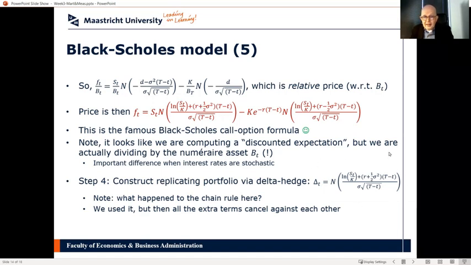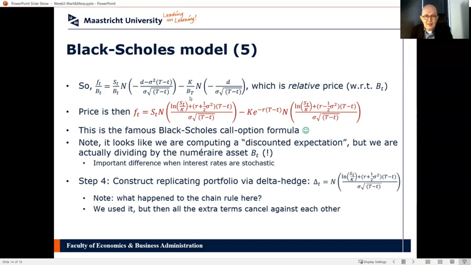We can compute this delta explicitly, and it looks like we just took the derivative with respect to this S here, which is not the case, because you see the S of small t sitting here and the S of small t sitting here. When you are taking this derivative of F with respect to S small t, there will be three terms in your calculation.